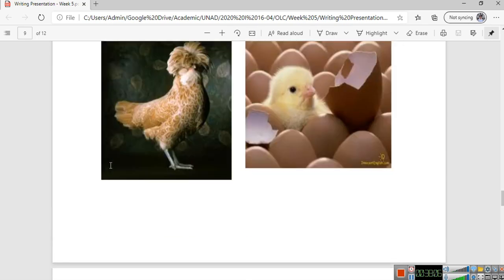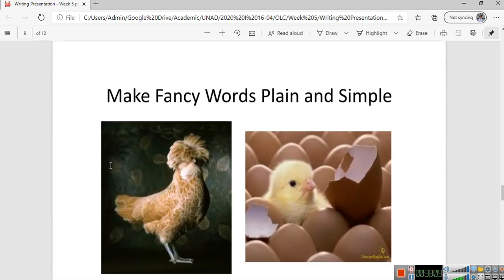Okay, so in conclusion, the idea is to make fancy words plain and simple. Why? Because when you're writing, you're probably writing to someone else, and you want to make your reading as simple as possible, because we live in a world where we don't have so much time, and if we read something and we feel like you're making us waste some of our time, we're not gonna like that.